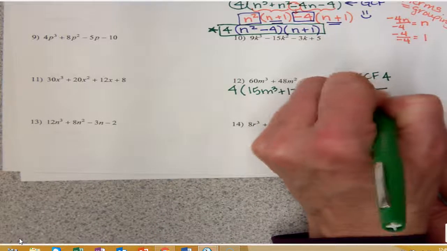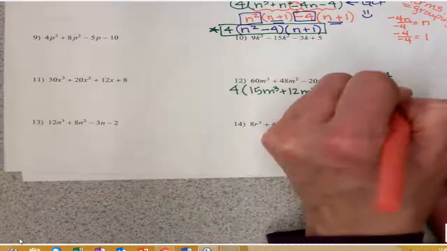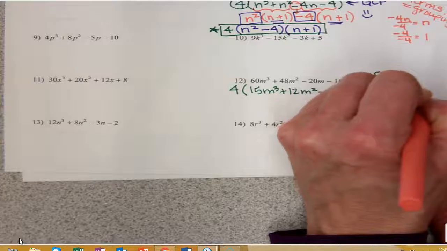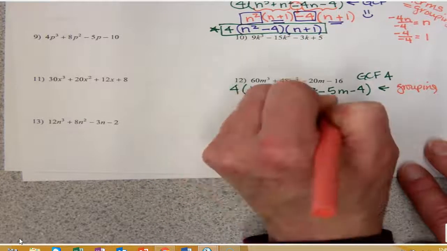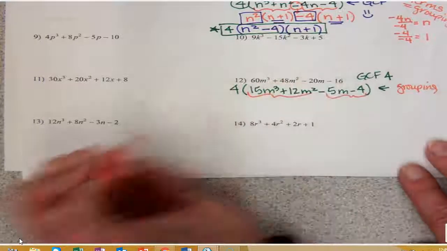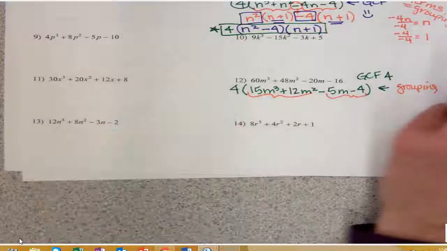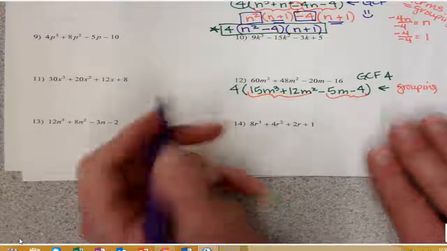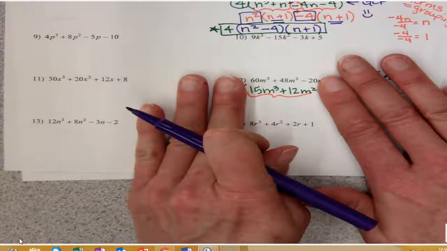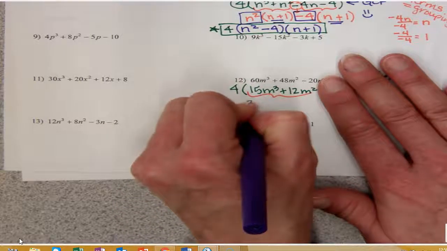I've got 4 terms, so I need to use my grouping. So I take my first 2 terms and my second 2 terms, and I group them. So what is common between these first 2 terms? I'm only looking at these terms now. So I know that the biggest number that can go into both of those is 3.